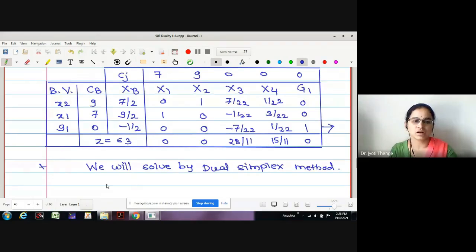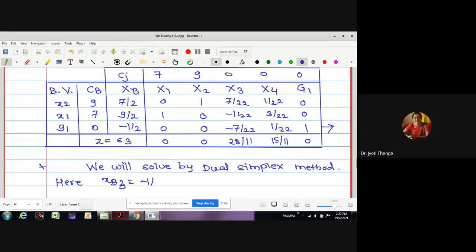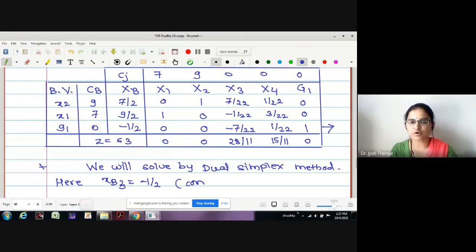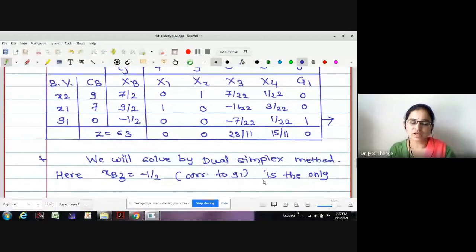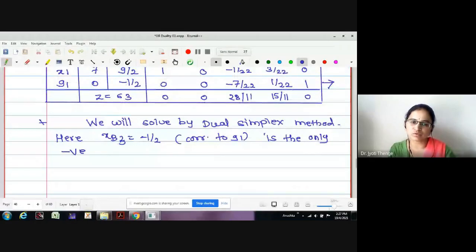Now here xb3 equals minus half, and this corresponds to G1, which is the only negative value. Therefore, may I say G1 is the outgoing vector or variable. Correct, no?